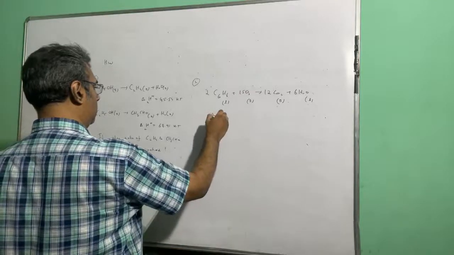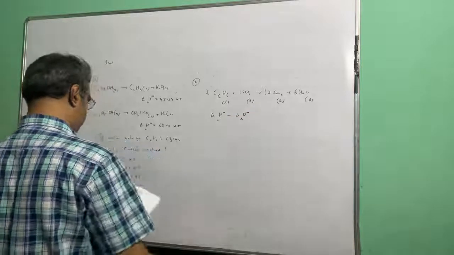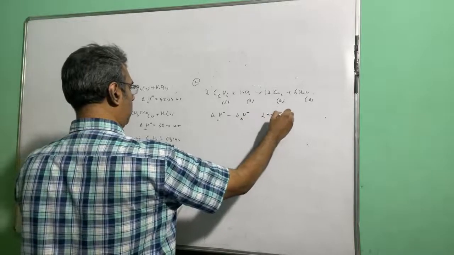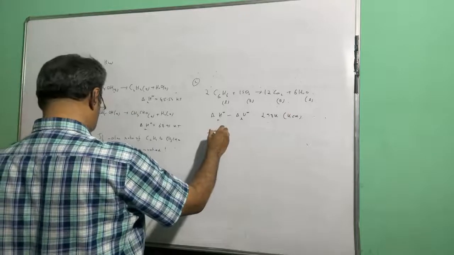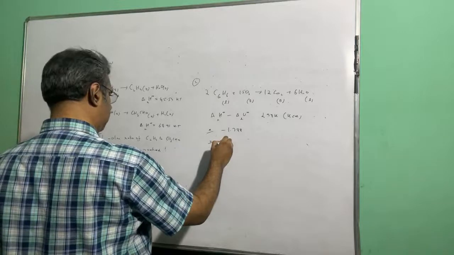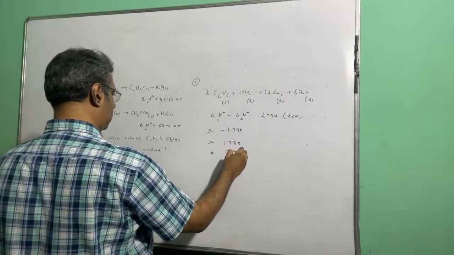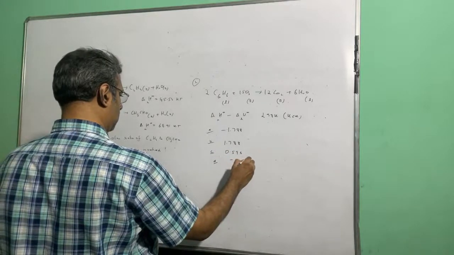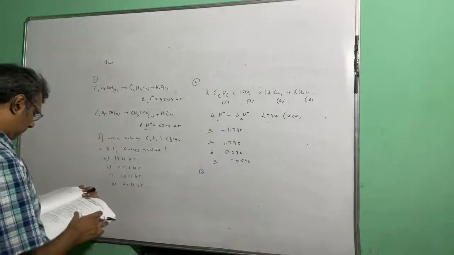You have to find the difference between change in enthalpy and change in entropy at 298 Kelvin in kilocalorie. And these are the options: minus 1.788, plus 1.788, 0.596, minus 0.596. So these are the options.